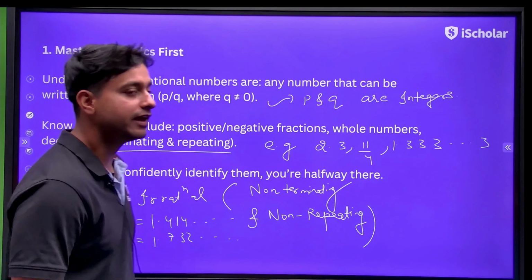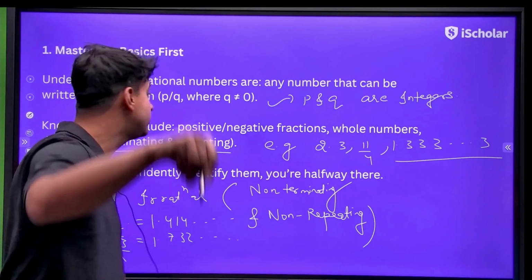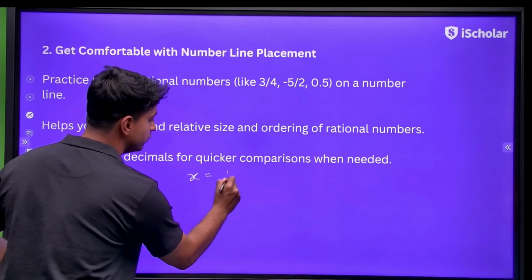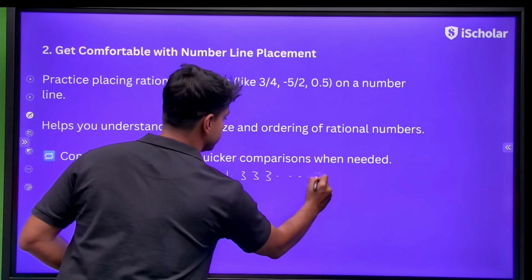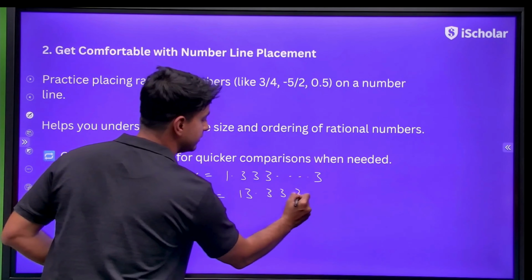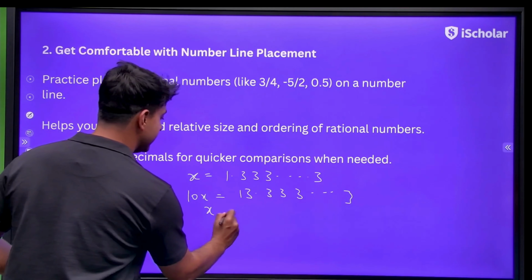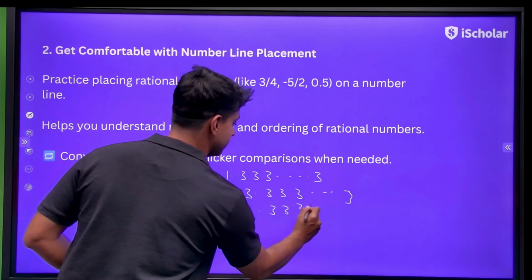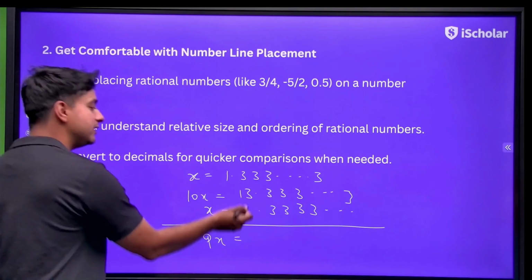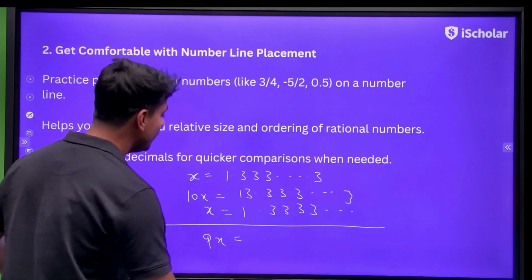Now people might be thinking, how can we write 1.33333 as a rational number or in P by Q form? So let's see how we can do it. I can take x equals 1.33333. So if I take 10x, it will become 13.33333, right? Yes. Now if I write again x as 1.33333 and subtract both the equations, I'll get 9x equals how much? 13.333 minus 1.333 will give you 12.